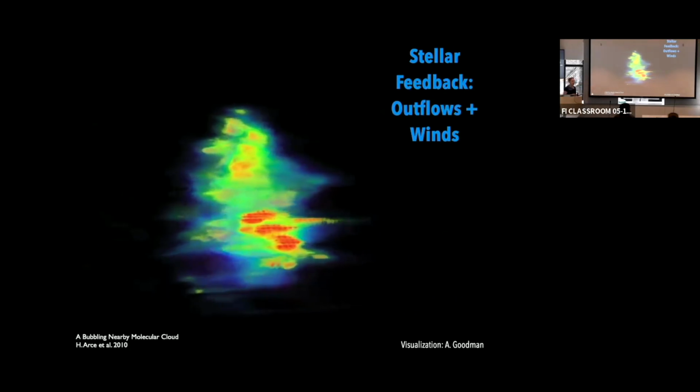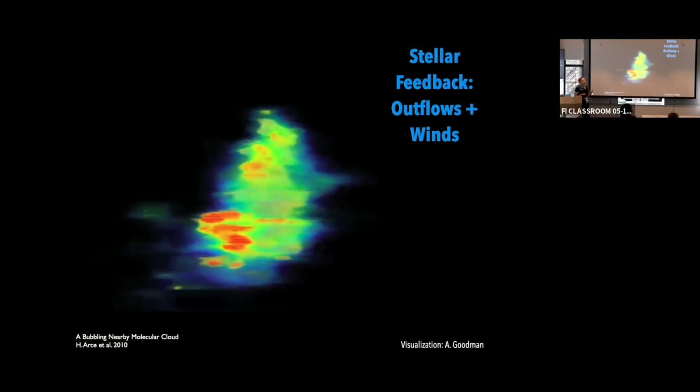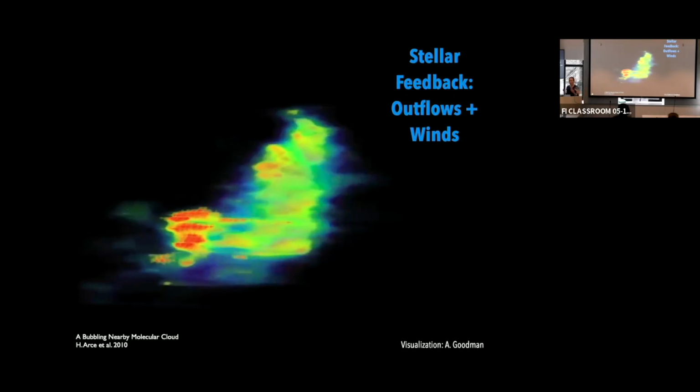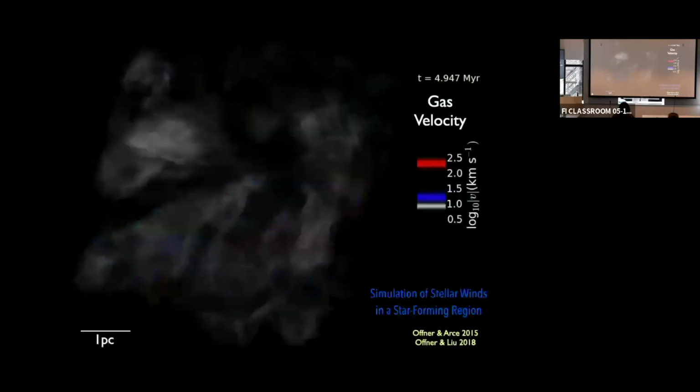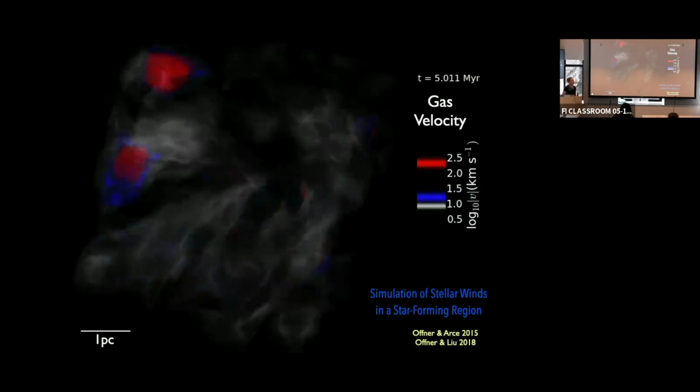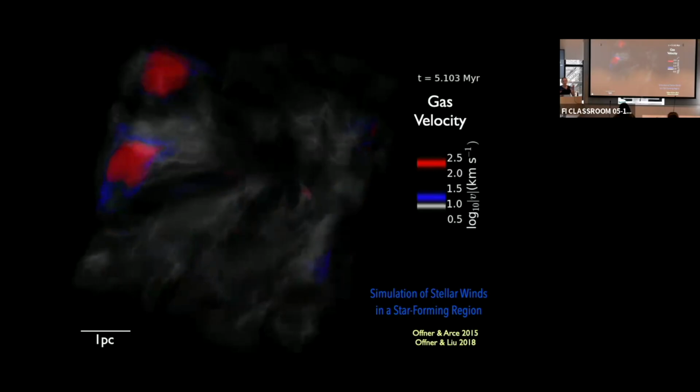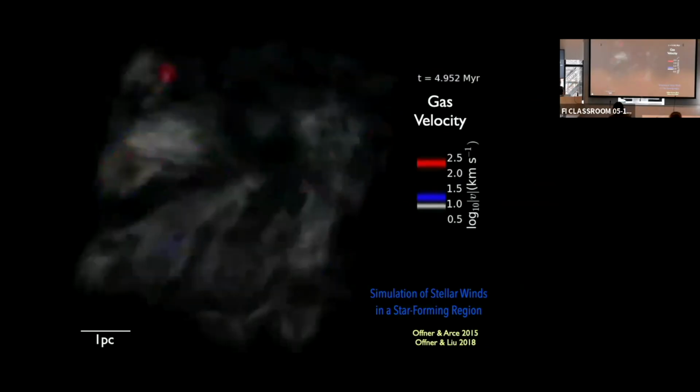When we approach this from the supervised approach, we don't have a nice analytic model, so we have to create some models. We can do this with numerical simulations. These are some older simulations using the Orion code, where we have this turbulent magnetized gas. It looks better online. It's very gray here. And we put in some stellar winds, and they expand, right? But this gives us a nice training set.